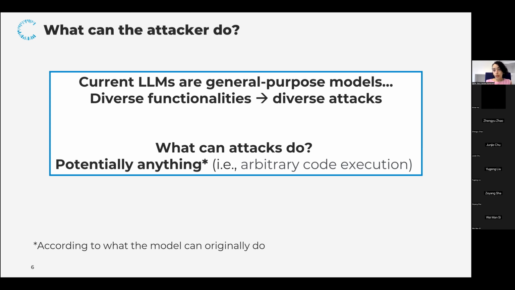Because of this, I argue that any functionality the model can originally do can be exploited to achieve the attack goals. In computer security terms, processing these retrieved input data with the prompts in them would be similar to executing untrusted code or arbitrary code execution.